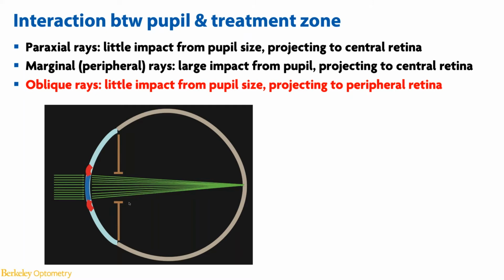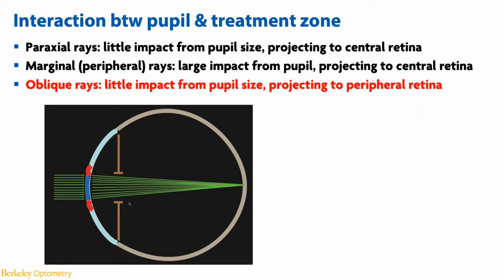So I want to really explain some of the confusions we've been seeing and basically what exactly is the smaller OZ, where here we're more talking about a smaller treatment zone size on the cornea and how this is interacting with the pupil size.